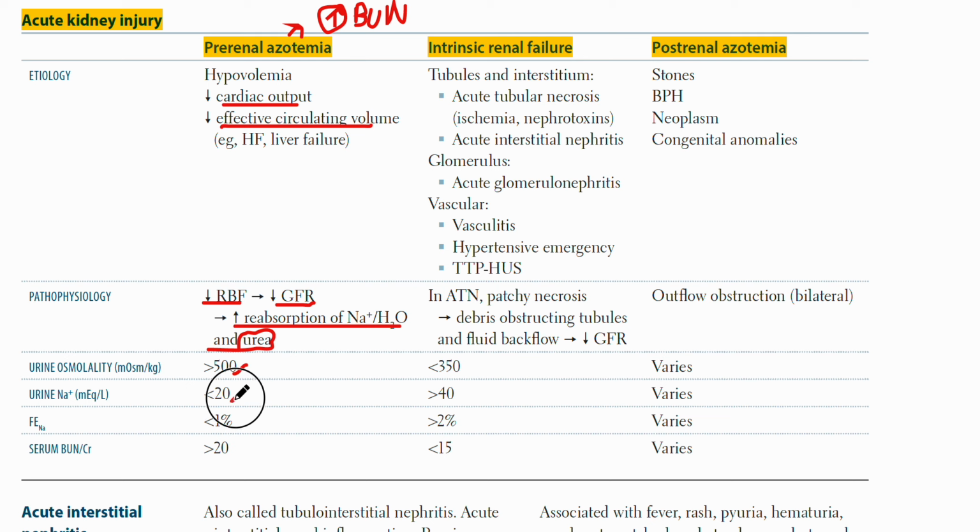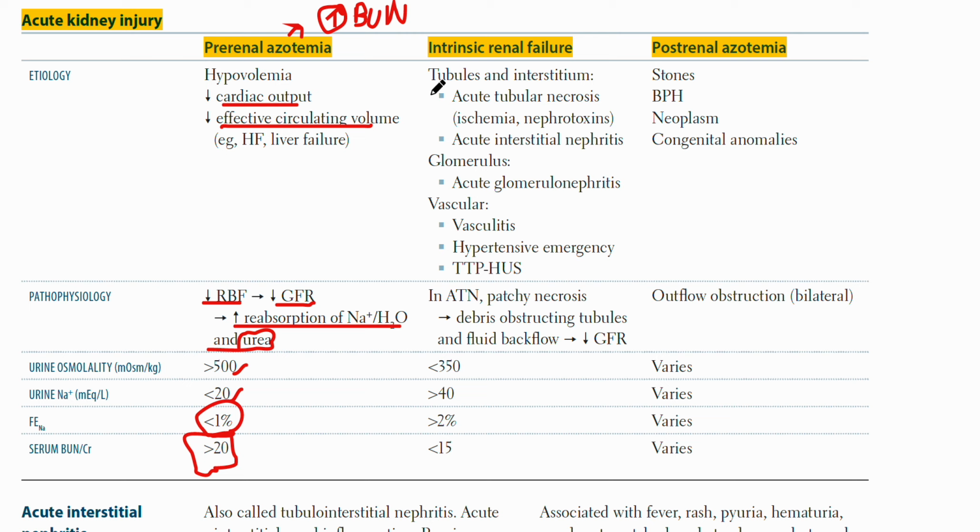Urine sodium is less than 20 because there is extensive reabsorption of sodium, and fractional excretion of sodium is less than 1%. Serum BUN by creatinine ratio is greater than 20. This ratio is what defines the different types of acute kidney injury in the clinical picture.